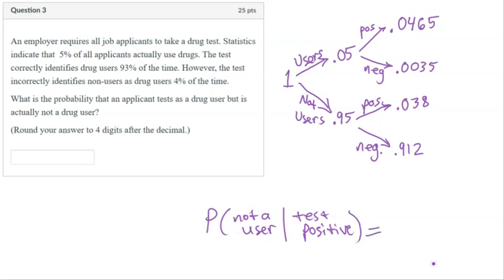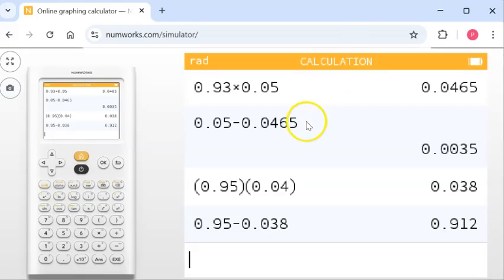And so the test positives are 0.038 plus 0.0465. So we're going to put 0.038 plus 0.0465 in the denominator, and then not a user but tests positive. Not a user tests positive is 0.038. So 0.038, okay?